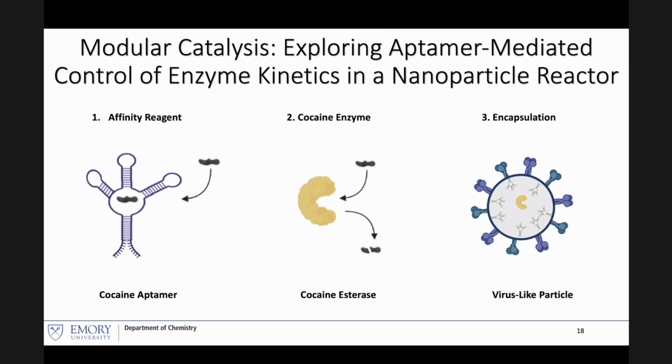So I do know with the VLPs there are a few benefits. One, you can choose your virus, like the virus core, to target a specific area in the body. And that has always been very attractive.